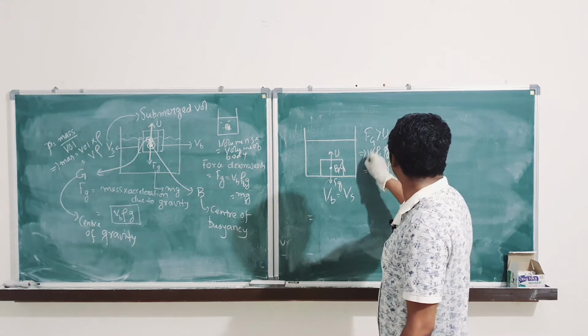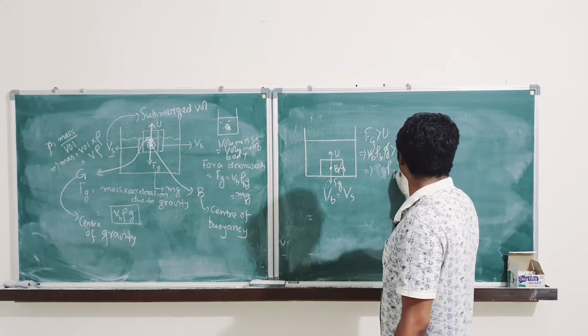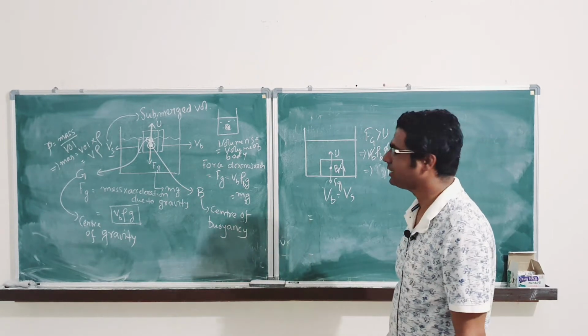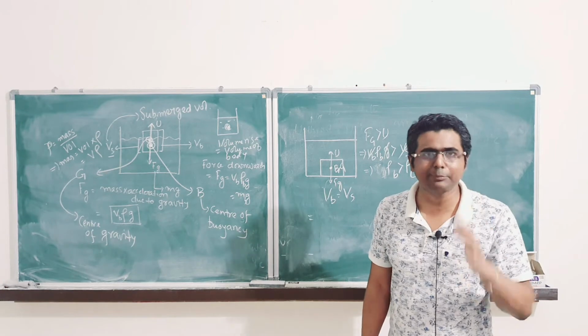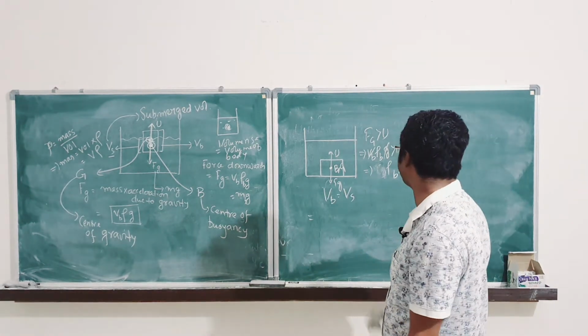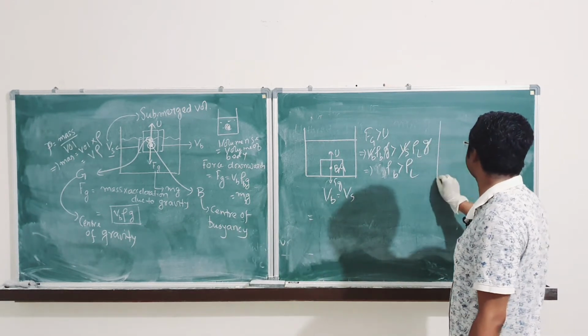So Vb and Vs also we can cancel out. So we can say that rho b is more than rho L. That is, density of the body is more than density of the liquid. So you have to understand mathematically. Okay, that's what we have done. When you know the formulas, you can understand mathematically, nothing else.